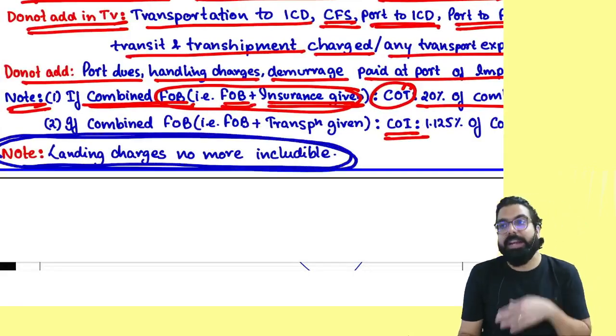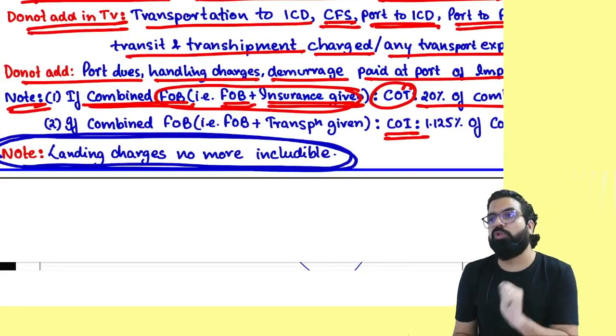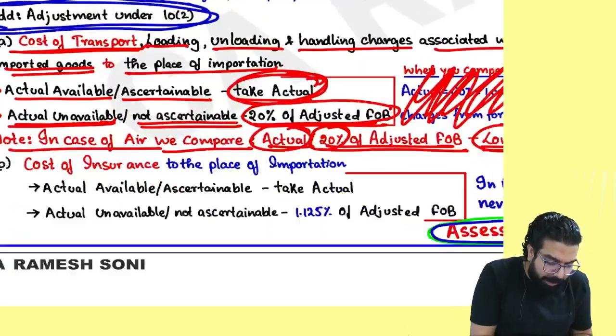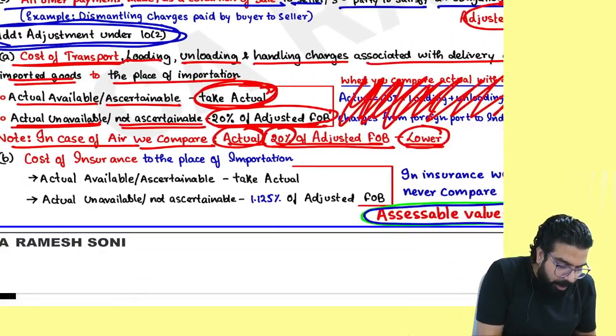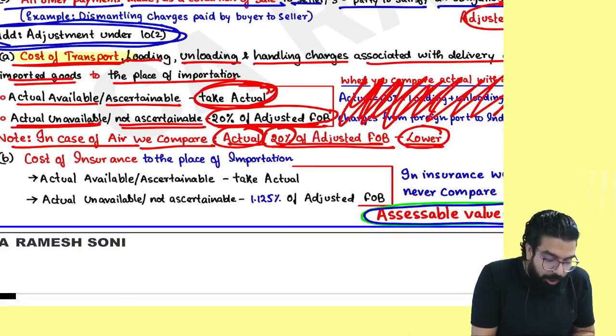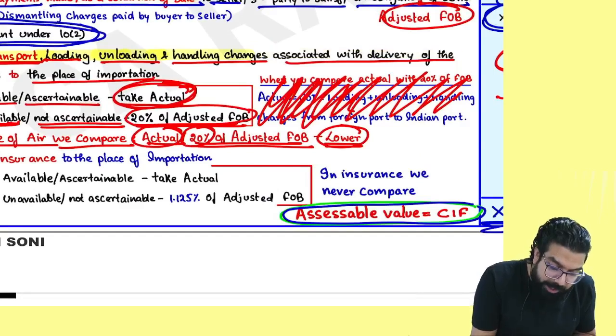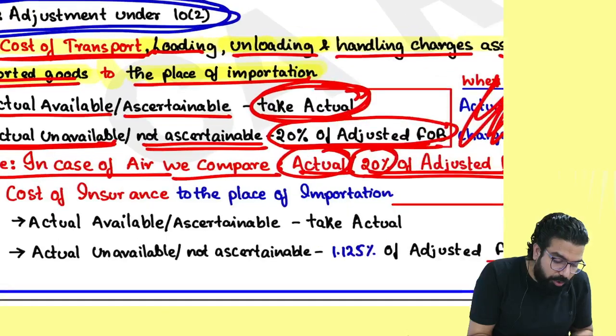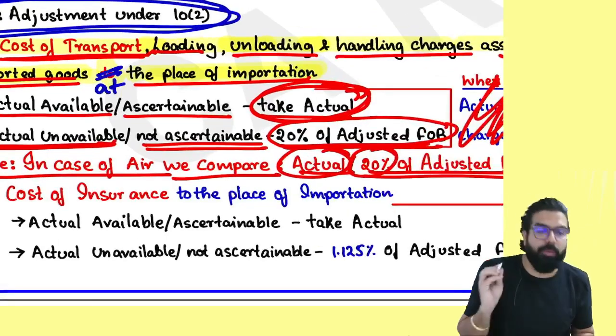India mein landing charges used to be charged. Okay? And this part which is there, this part, which part? This cost of transportation, loading, unloading, handling charges associated with the delivery of the imported goods to the place of importation.